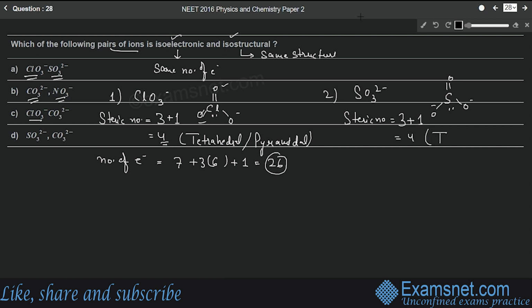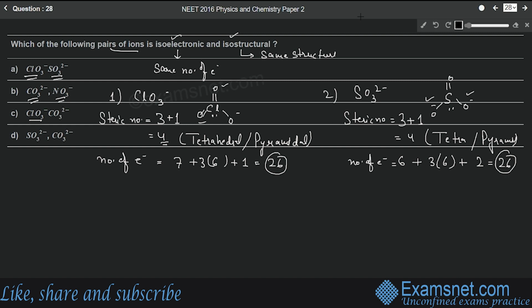That means again the shape will be tetrahedral or pyramidal. Now the number of electrons. How many electrons in the valence shell of sulfur? 6 electrons, plus 3 oxygens, so 3 into 6, and 2 negative charges, so plus 2. Okay, it will come out to be 26. If you compare 1 and 2, you can see that the shape is the same and the number of electrons is also the same. That means isoelectronic and isostructural as well.